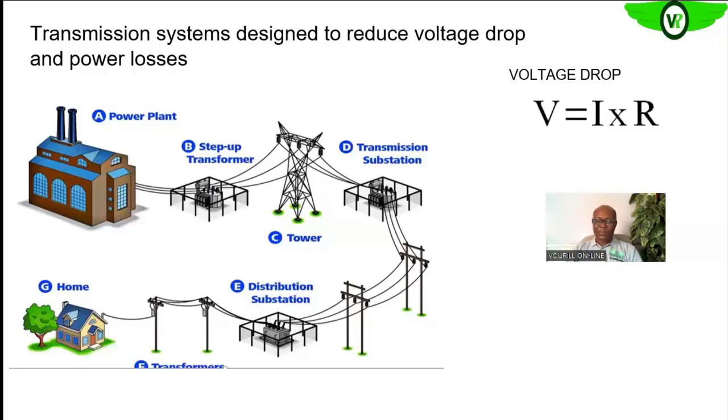Now, let's take them one after the other. Voltage drop. You know that voltage drop from Ohm's law is V equal to the current times the resistance on the line. And as you well know, all the power in the power system that is generated at the generation station is taken to your load through those conductors. Are we getting it? Copper conductors.